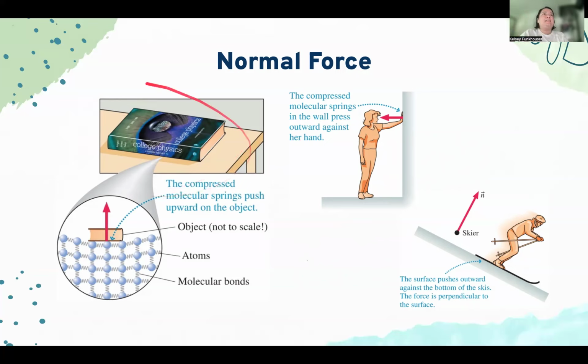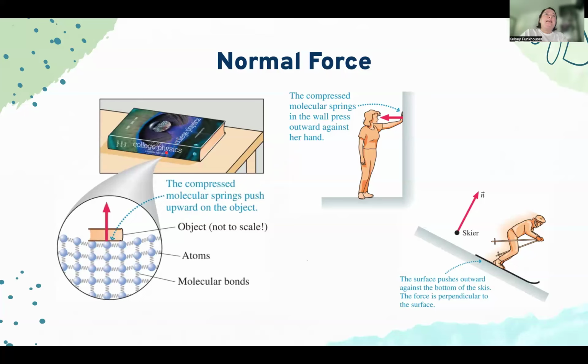So we have this physics textbook on a table, and the molecules within the table are pushing back on the molecules within the textbook. And we're not looking at these forces at the molecular level. We're just looking at it all combined together.